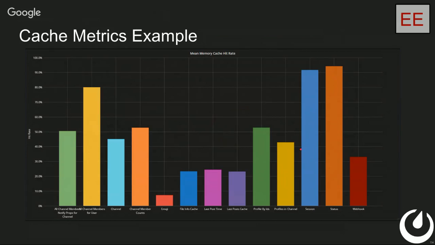Also, if you have a Mattermost server and one of these is lower than you see here, it might be cause for concern, because these caches do improve performance quite substantially at high load. And that's pretty much it for performance talk.